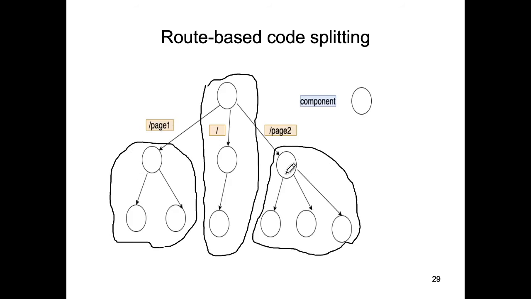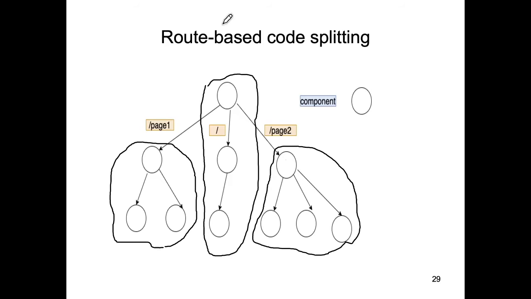And equally, we could put all of these into another separate bundle. So we now have 3 bundles comprising our custom code. We're still going to have the bundle that contains the node modules JavaScript code. We've no control over that. So we are deciding how to split our application up into different bundles based on the routes that make up our application, hence route-based code splitting.